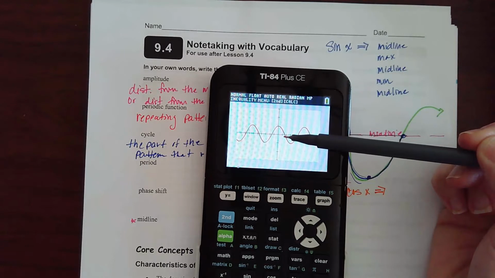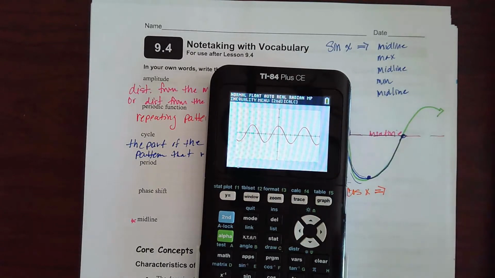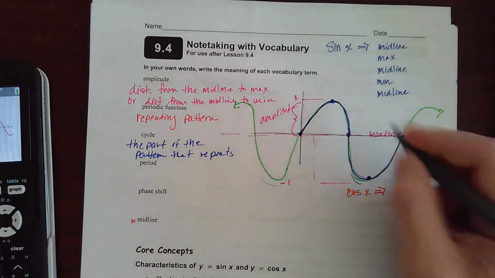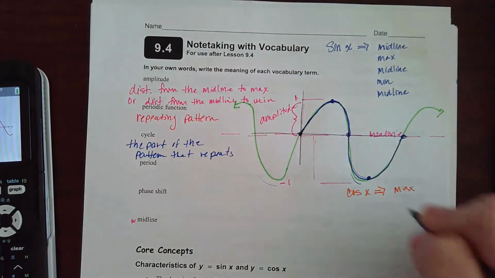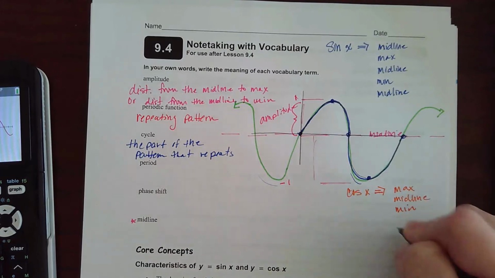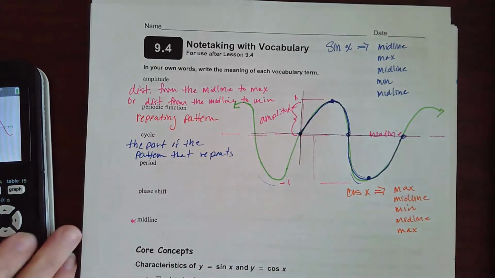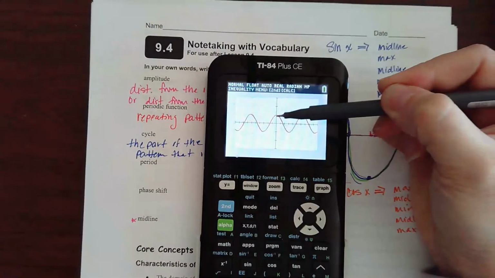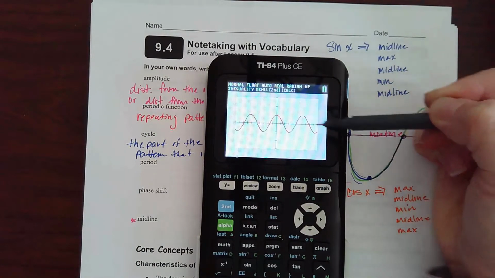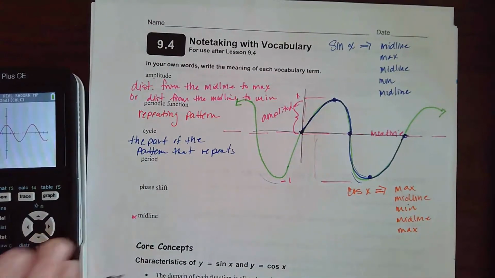Then it goes to a midline, then to a min, then a midline, then a max. So the cosine pattern is a little different than a sine pattern: max, midline, min, midline, max. And then it repeats over and over again. That's the cycle for a cosine function.